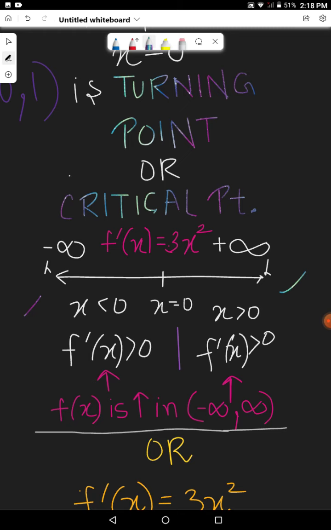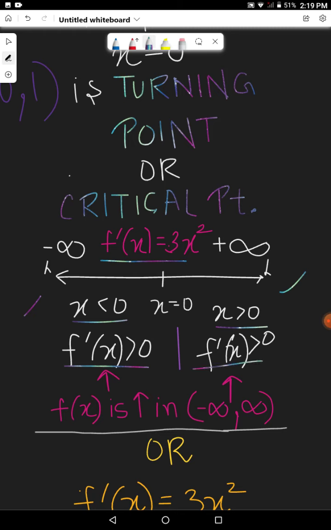Here from 0 to infinity, x is greater than 0, and here x is less than 0. If we put x as negative in f dash x, we get negative square, which becomes positive. So here the sign of f dash x will be positive.